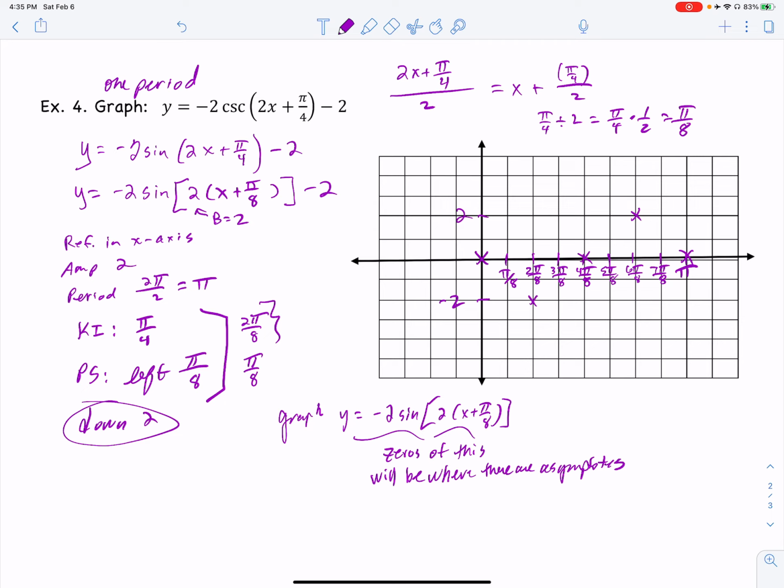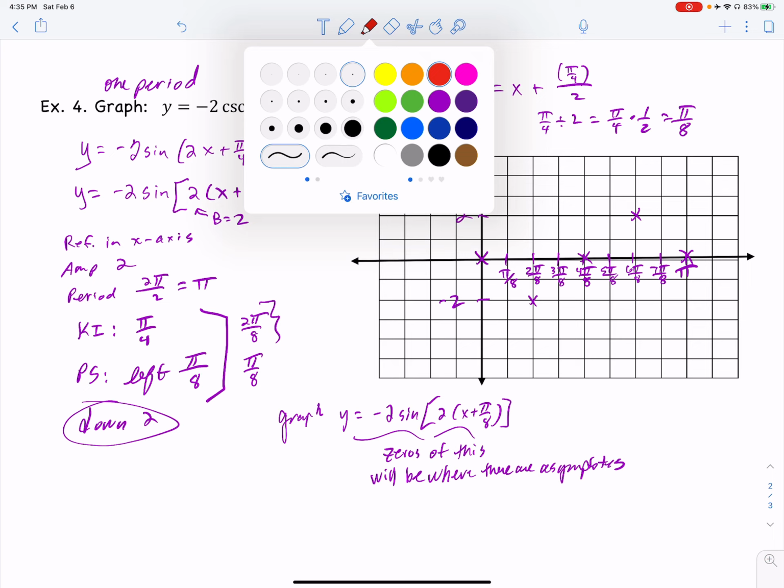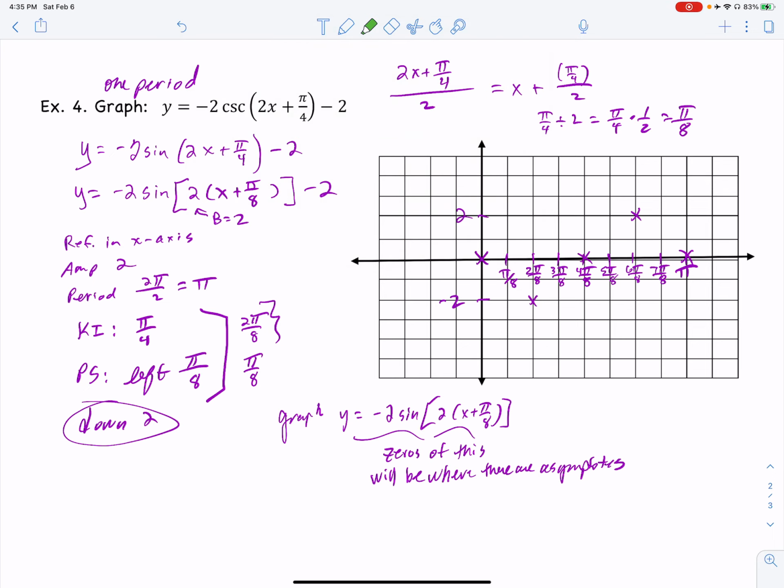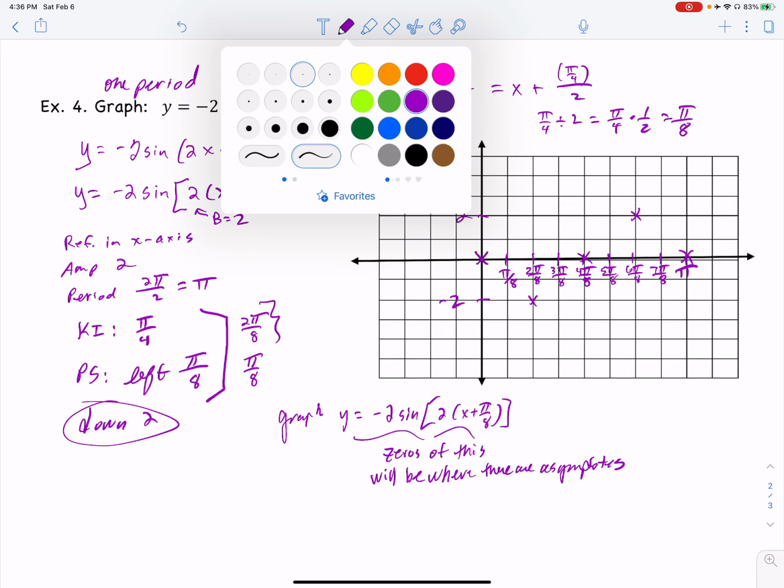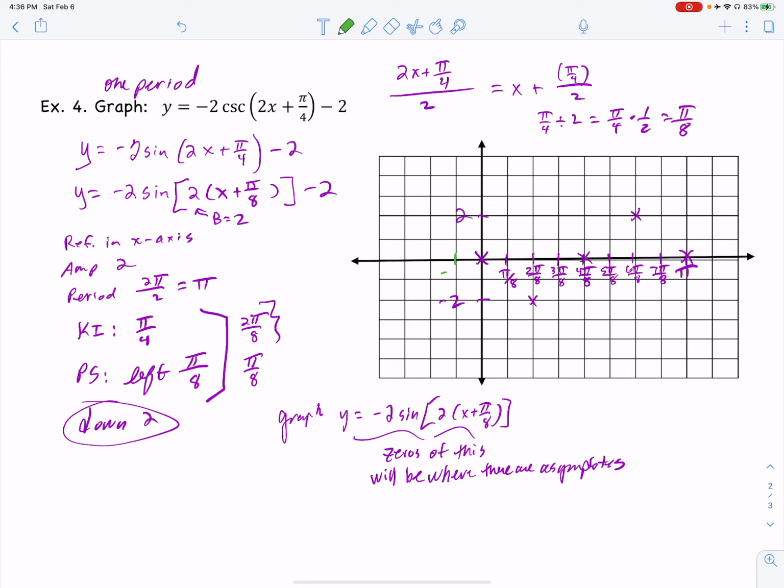So now I need to go ahead and do the phase shift and move this left pi eighths. So if I'm going to go left pi eighths, that's why I gridded it. I go left pi eighths. That's why I gridded it out with pi eighths, so that the phase shift is super clean and neat and precise. Go left, I just go left 1 unit for all of these.